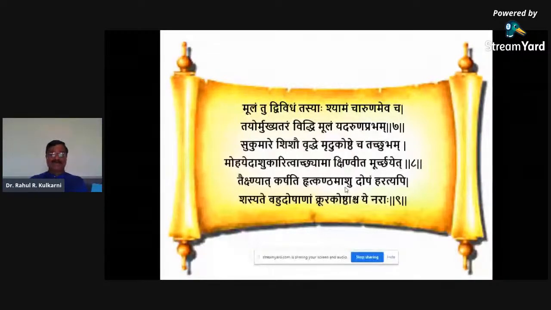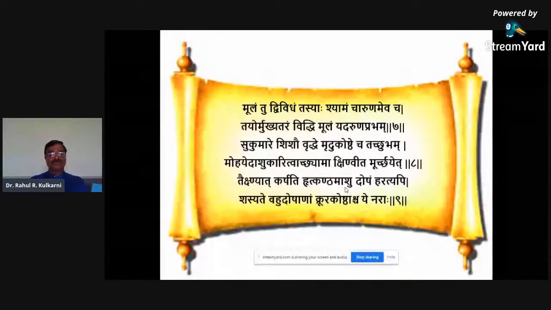Shama is Ashu Dosha Haranatva Tikshna, whereas this Trivrut is Mrudu compared to Shama. Sukumaro shisho vruddho mrudu koshte cha tat shubham. The Aruna Varana Yukta Moola can be used in Sukumara, Shishu, that is in Balya Avastha as well, Vruddha, and Mrudu Koshta.